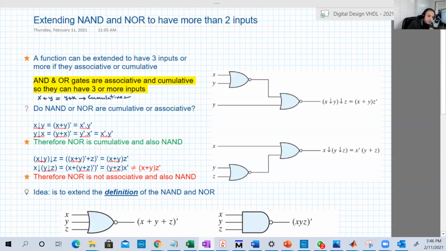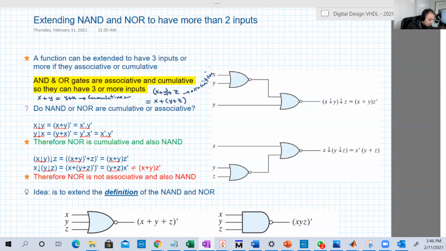And for the associative property, which is the most important one, X or Y or Z: if we OR X and Y, then OR with Z, this is equivalent to ORing Y and Z, then ORing the result with X. This is the associative property. Both are satisfied for both AND and OR.